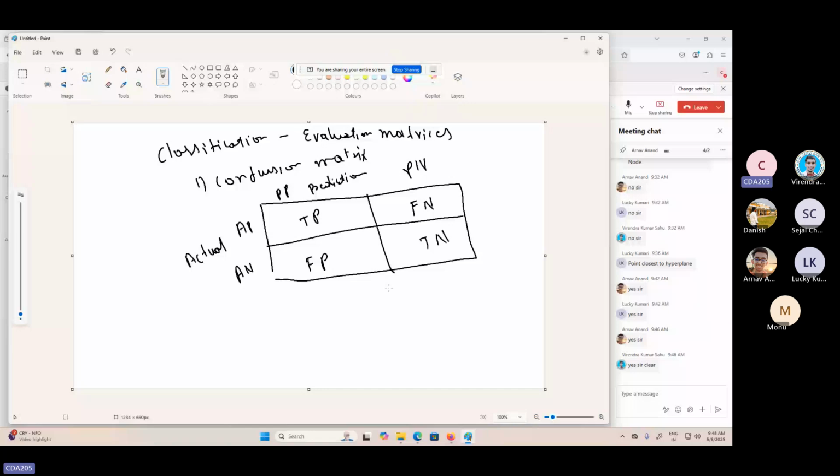Now what is the formula for accuracy? Accuracy will be this by whole. So it is TP plus TN by TP plus FN plus FP plus TN. Okay. Now what is precision?